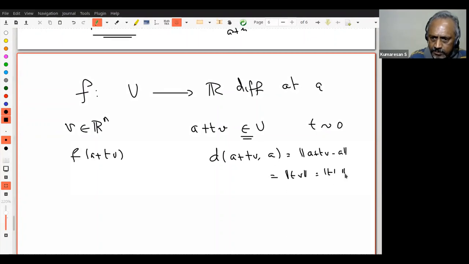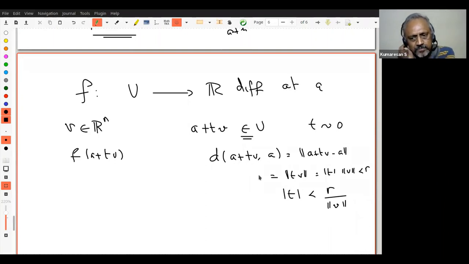So I have to choose T so that mod T times the length of V is less than R, because if the distance between X and A is less than R, then that point X is in U. Therefore, A plus TV will be in U. So I have to choose T so that mod T is less than R by the length of V. If the length of V is 0, then it is always fine, because it is just A plus 0. Do all of you accept it?